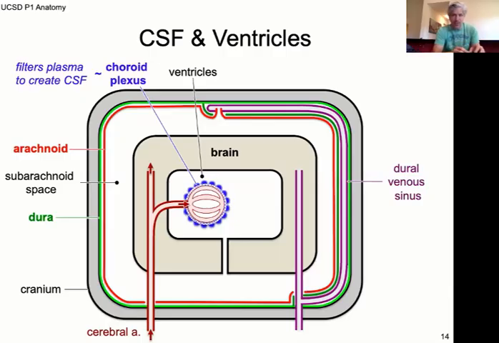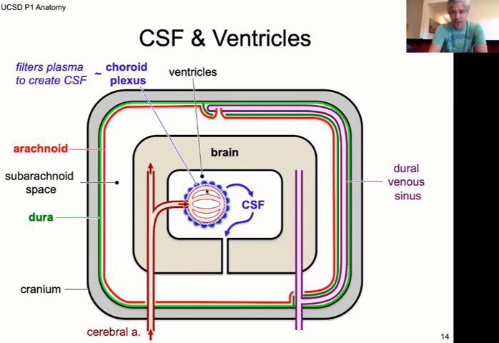They stay in the bloodstream, and maybe large proteins are restricted. But blood plasma just kind of squirts out through tiny little gaps in the choroid plexus. So blood plasma can leave the capillaries and enter the ventricular space here in the form of CSF. So the choroid plexus is a filter that allows blood plasma to squeeze out of the capillaries and make CSF.